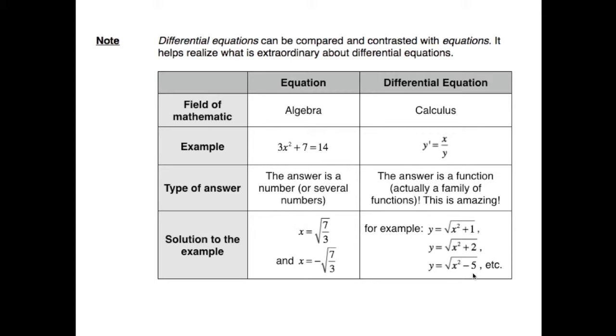The general solution is y equals square root of x squared plus c. You can try to plug square root of x squared plus 1 here, then look for the derivative of y, plug it here, and check that it satisfies the equality.